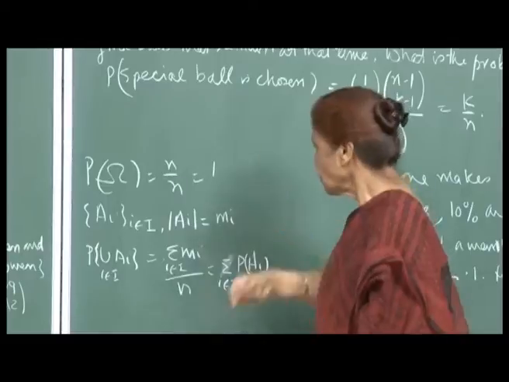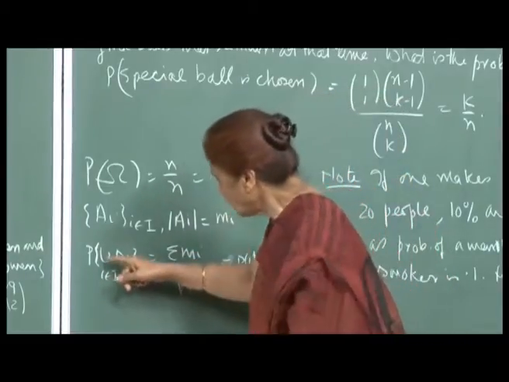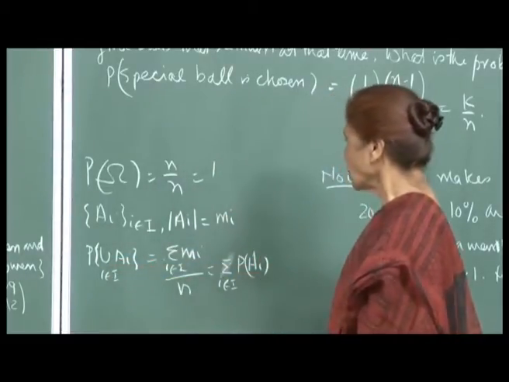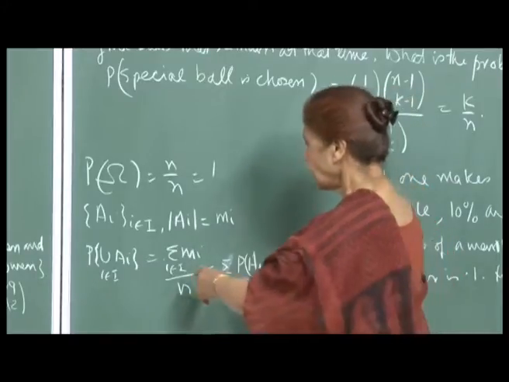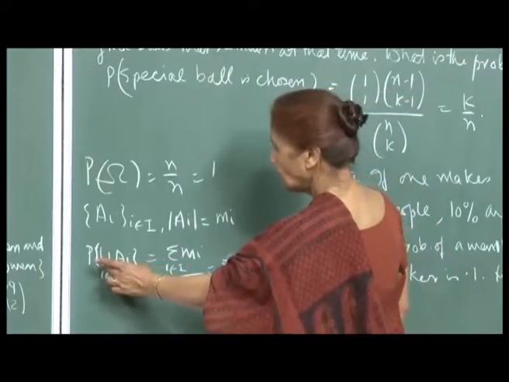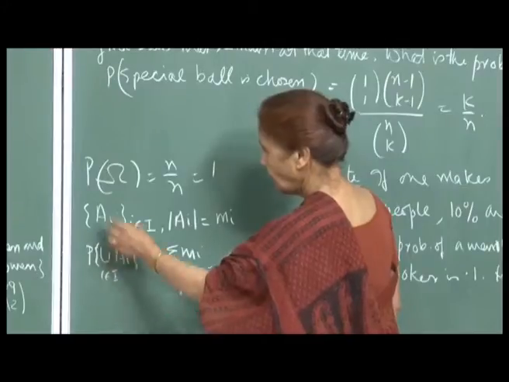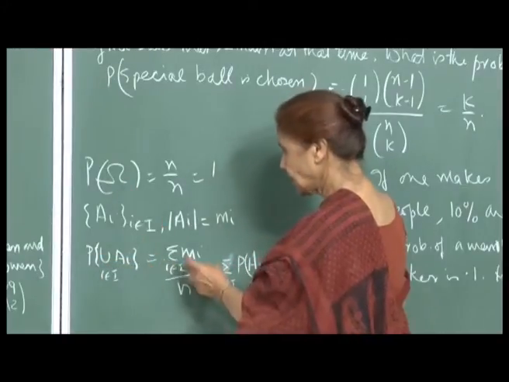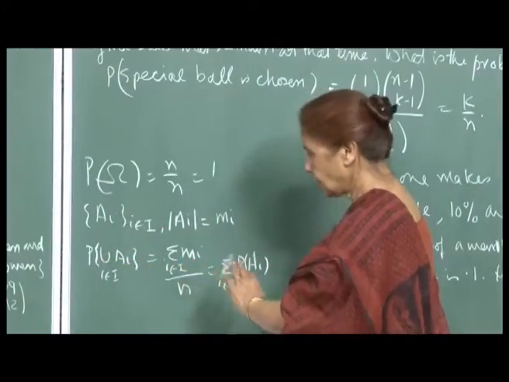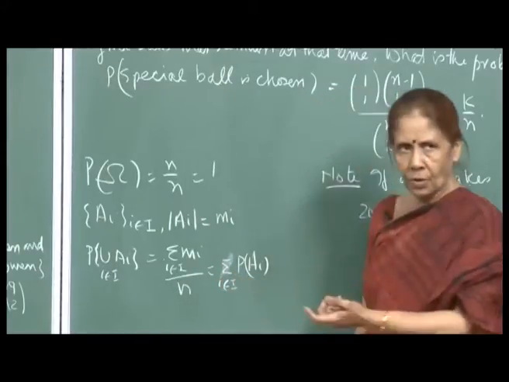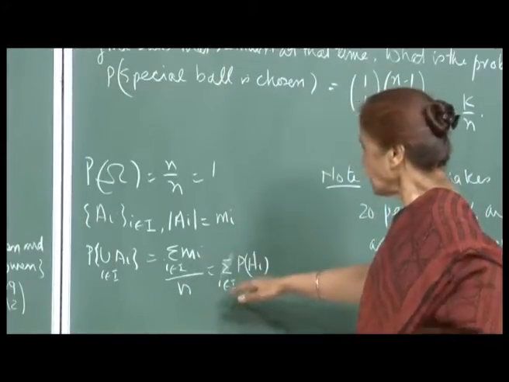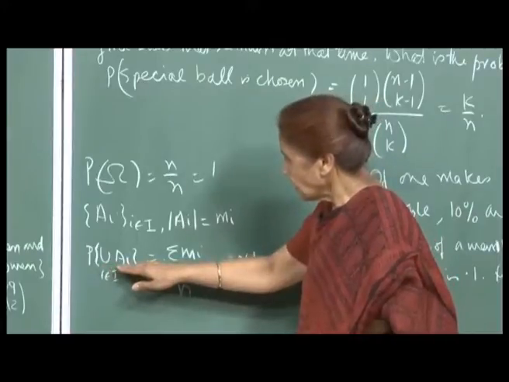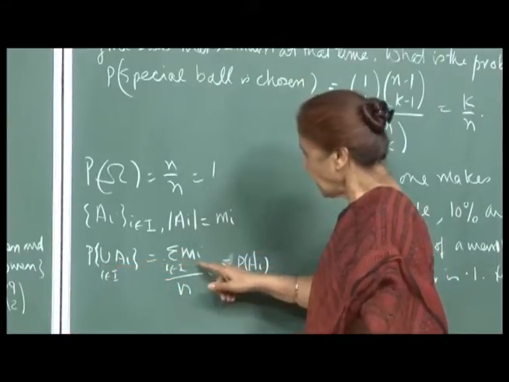So, in that case, to compute the probability of the union of Ai, i belonging to I, the number of elements of omega in the union of Ai will be the sum of mi, since the elements in each Ai are different from all others. So we just add up the total number of points in the union, which will be sigma mi.